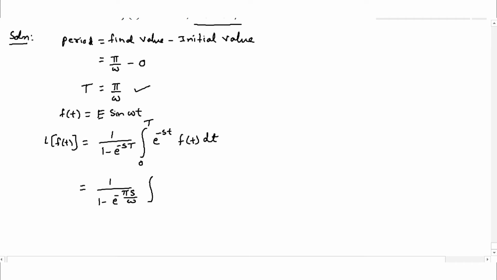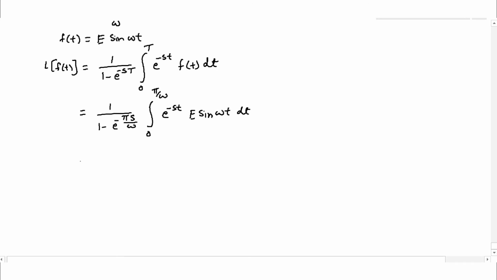It is integral of 0 to pi by omega, e power of minus st, f of t value is E sin omega t into dt. If you observe over here, this value of capital E is a constant. So I can rewrite this as E whole divided by 1 minus e power of minus pi s by omega.